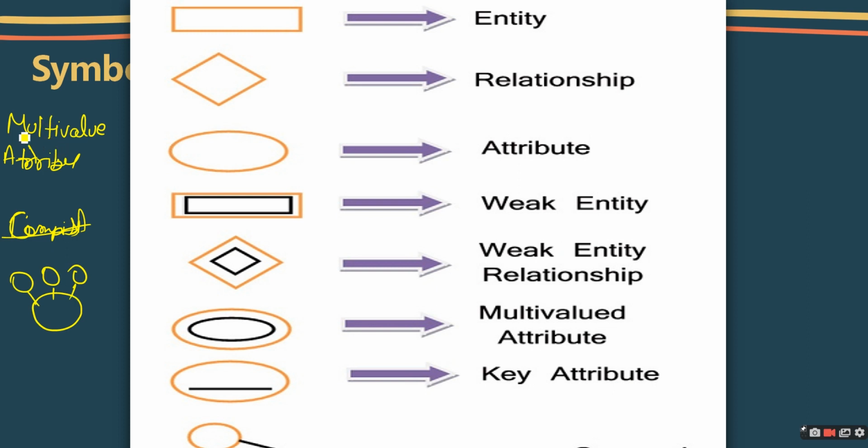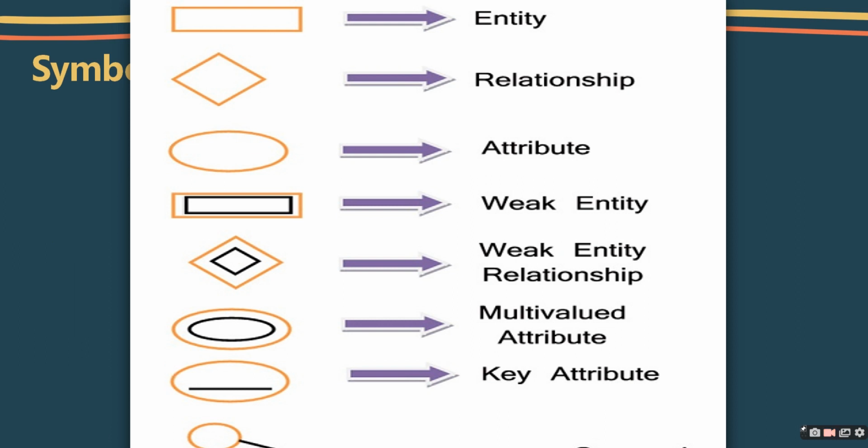But a multi-valued attribute is when a person has more than one value for that attribute. Take the example of mobile number: it is multi-valued, but age is a single-valued attribute because we can have only one age at a time, right? All right, so these are the basic symbols of the ER diagram.